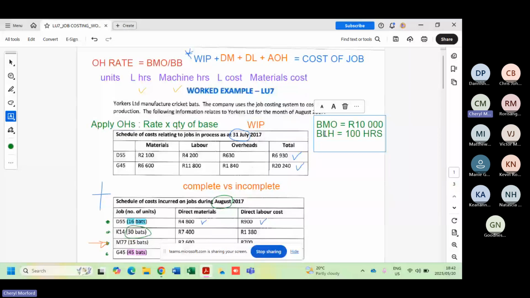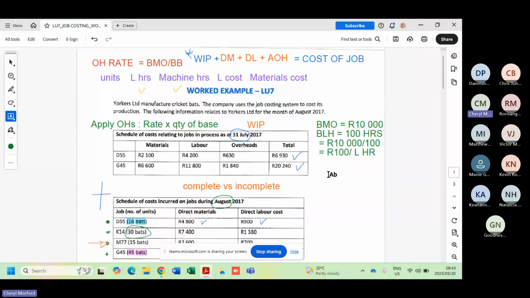How then are we going to calculate the rate? Nice and simple. It's going to be the 10,000 as the overhead divided by the 100. What's 10,000 divided by 100? Okay, 100. And what is that 100? It's 100 per labor hour.